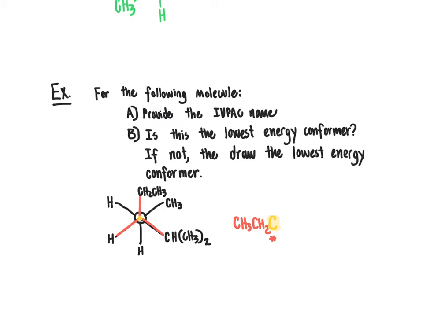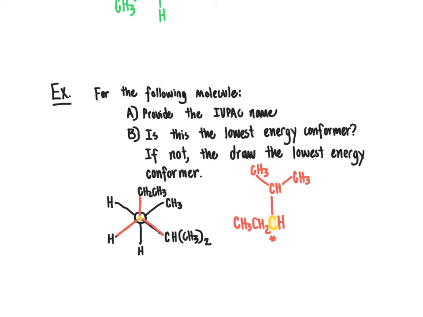It's directly bonded to a hydrogen, so I'm going to plug in that hydrogen. And then it is also directly bonded to that isopropyl group, CH(CH3)2. I'm going to plug that in as a branch. I'm going to show CH, and then show the 2 bonds coming to the 2 methyl groups explicitly, because drawing it out like that will help us see where the longest carbon chain is in this molecule.